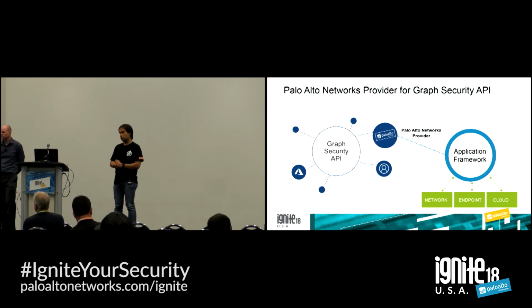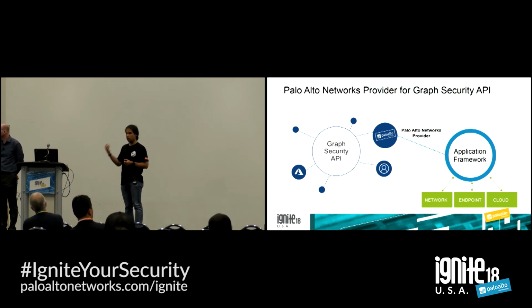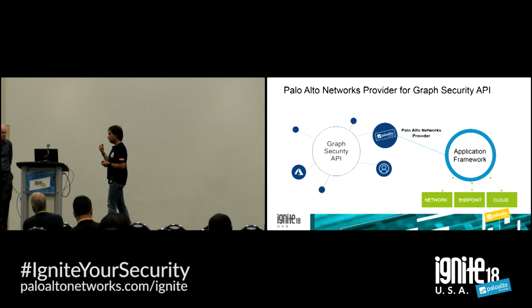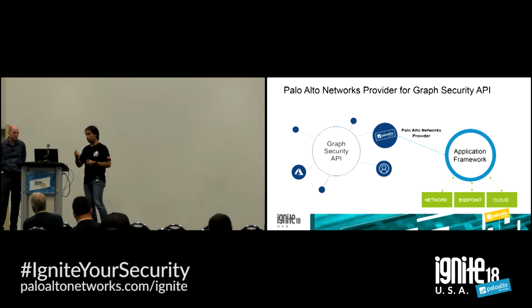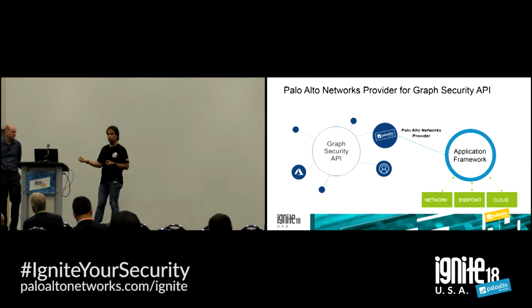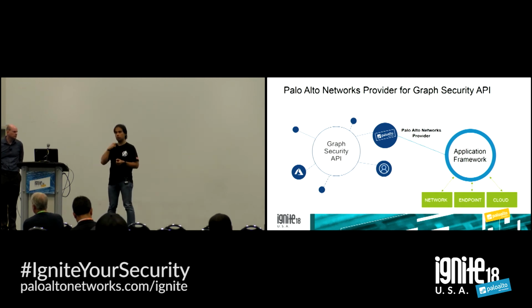This means that, as Jason mentioned, you can query the Graph Security API, and you can get information by running queries against the application framework using the Graph Security API. And I will show some examples of that.